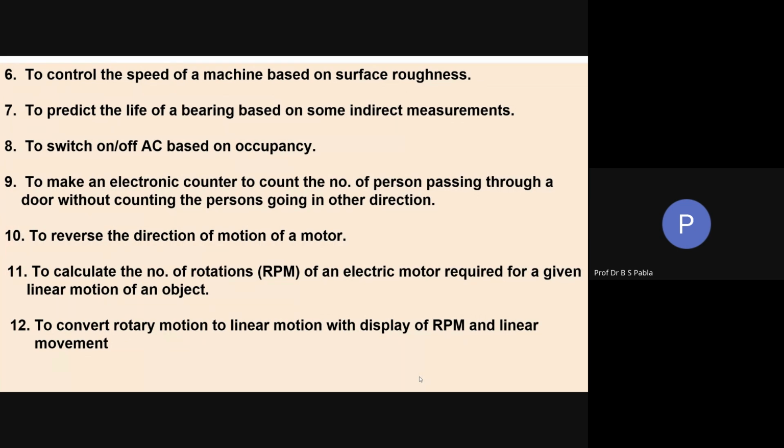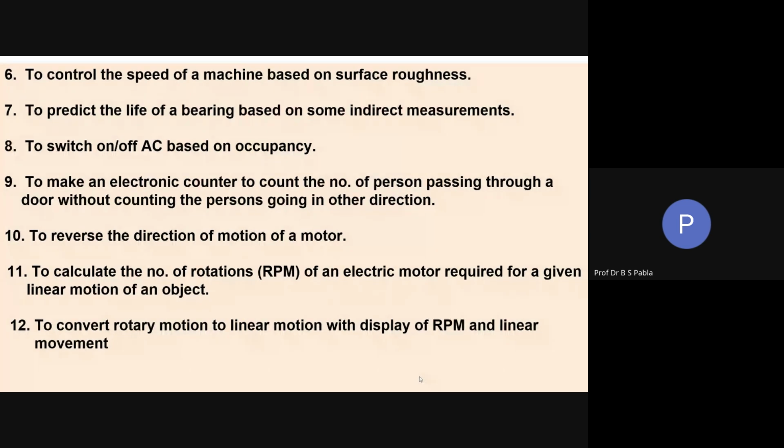To predict the life of a bearing based on some indirect measurements. Let's say there is a bearing in the machine. We know that the bearing is hidden inside the machine. And bearing failure is the main cause for stoppage of the machine, stoppage of the work, or failure of the machine.